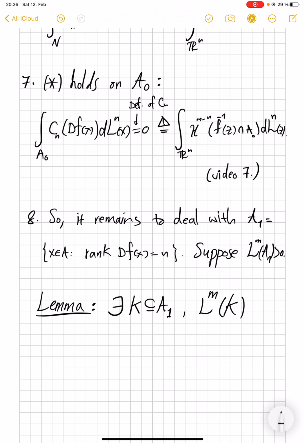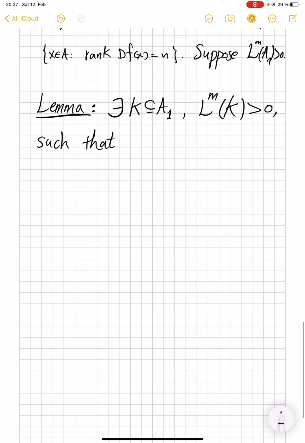That means it's still a significant set and not just a singleton, for example, such that on this K we can iron out the fibers of the Lipschitz function f.